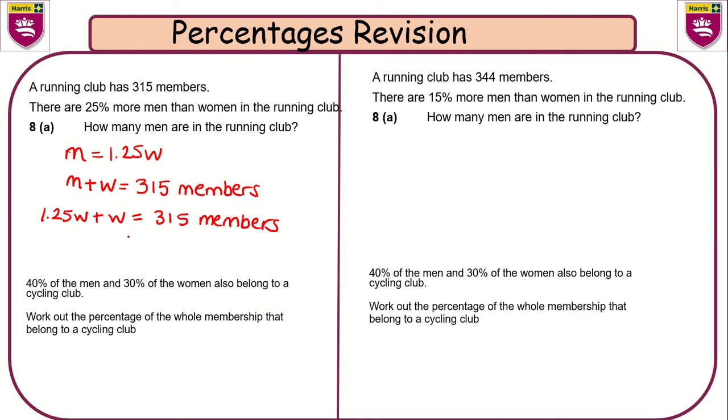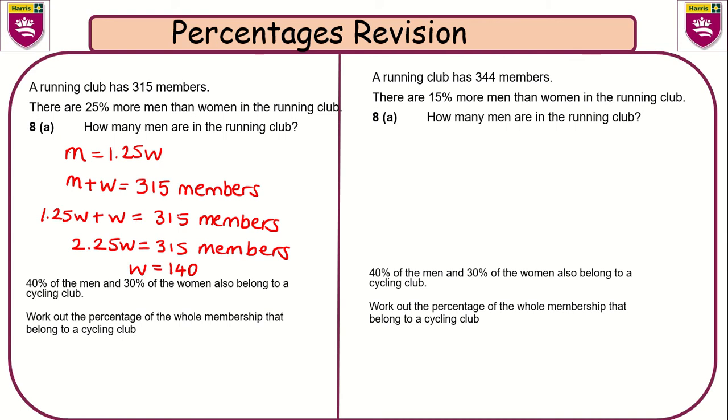1.25 W plus a W is going to give you 2.25 W. And if I do 315 divided by 2.25, that will give me 140. So in this team, there are 140 women.